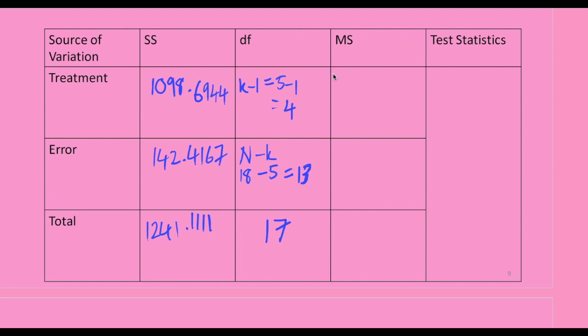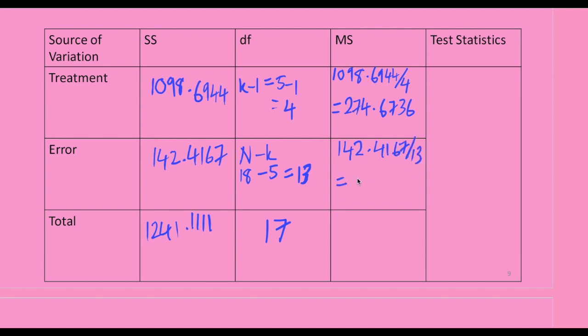So MSA would be 1098.6944 divided by 4. And this is 274.6736. SSE 142.4167 divided by 13.